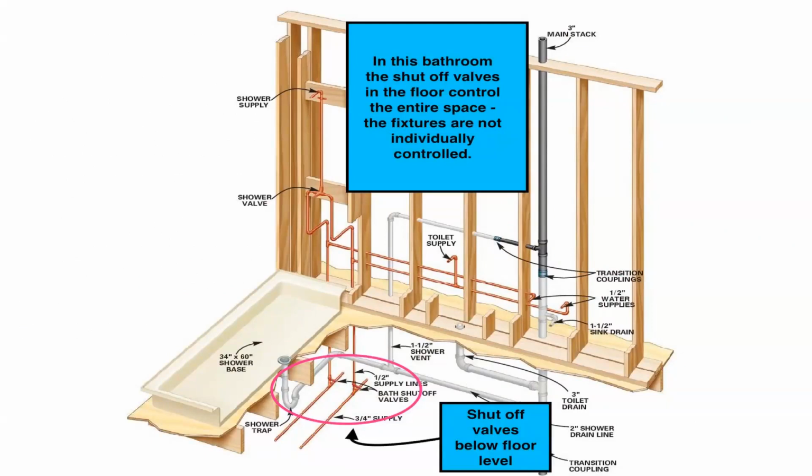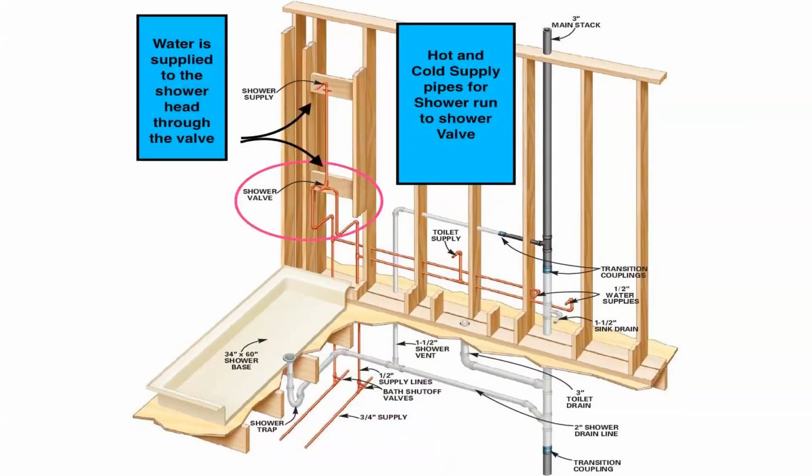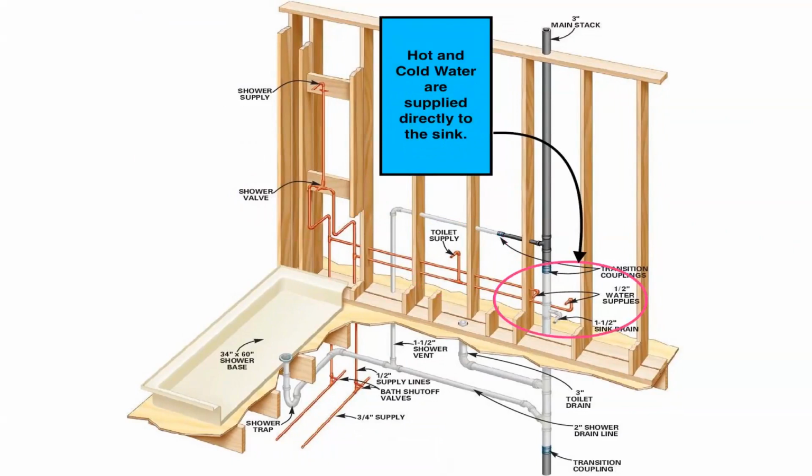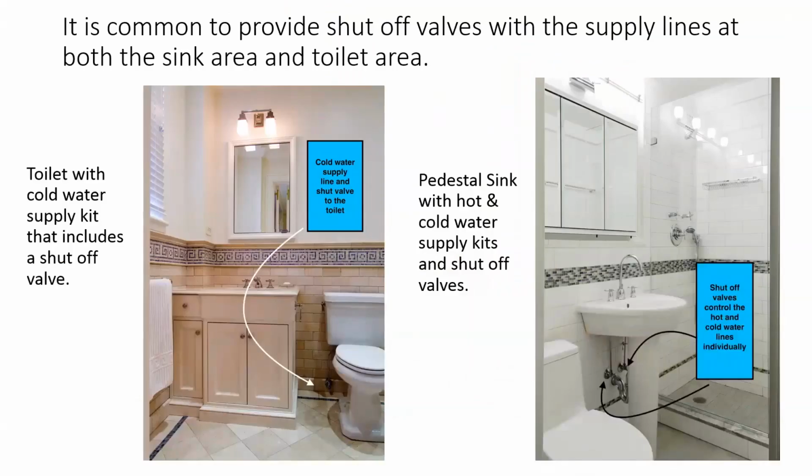And then in this bathroom, you're going to see that the water is supplied through the valve and then up to the shower head to provide hot and cold water to the shower area. We're going to have a cold water supply that comes just up to the toilet. And then we're going to have hot and cold water that is supplied directly to the sink. Now, in the sink area and in the toilet area, it is very common to provide shutoff valves with the supply lines.